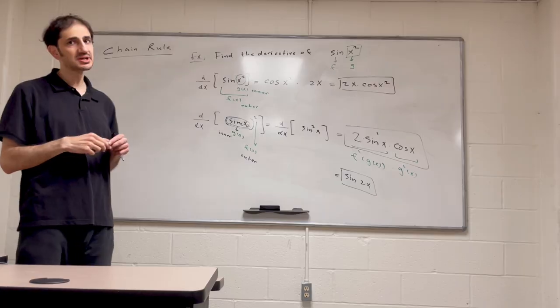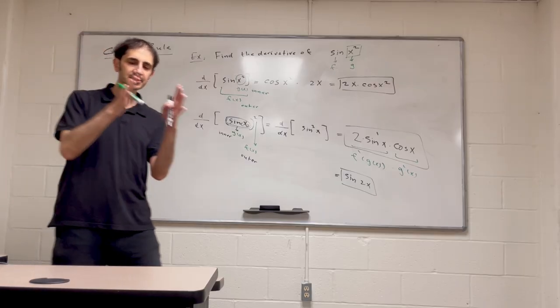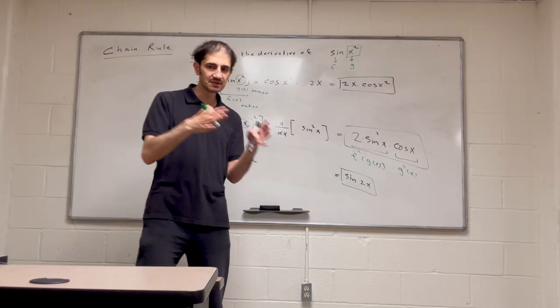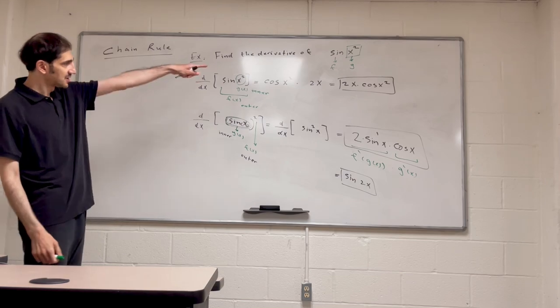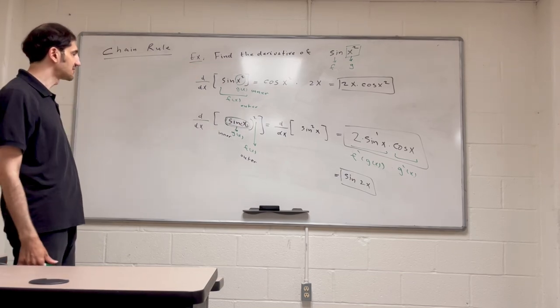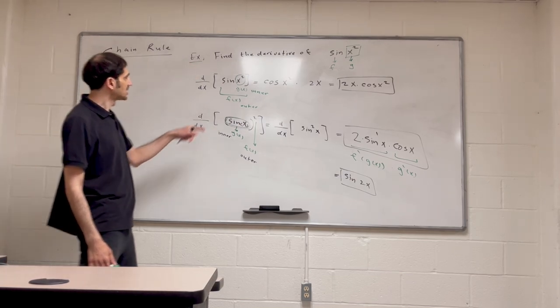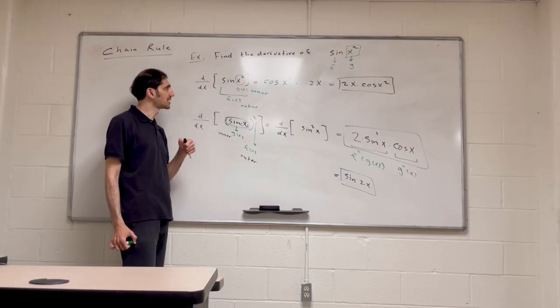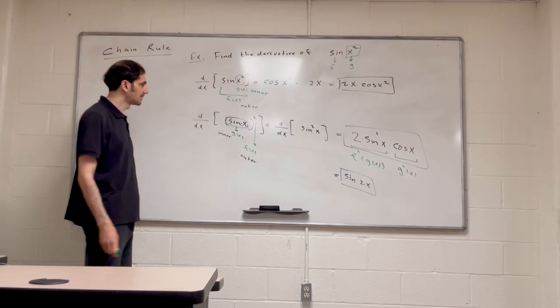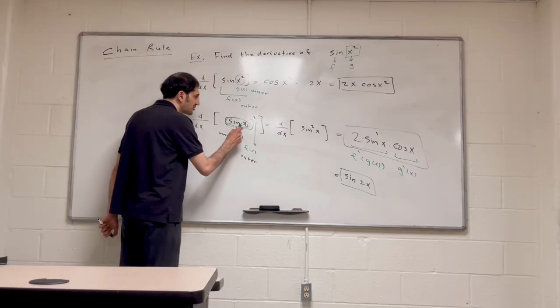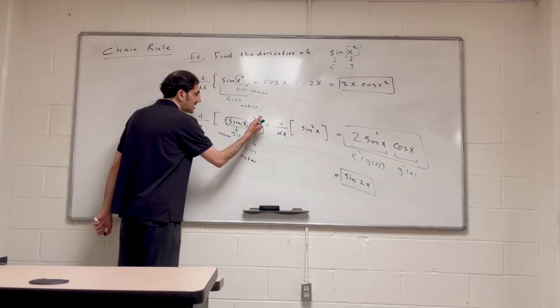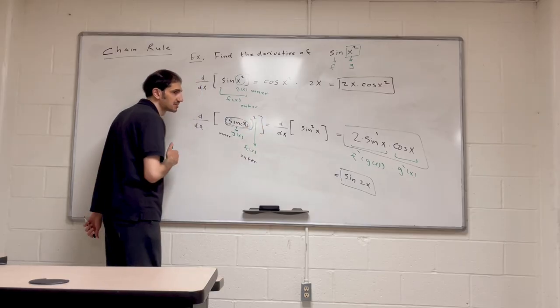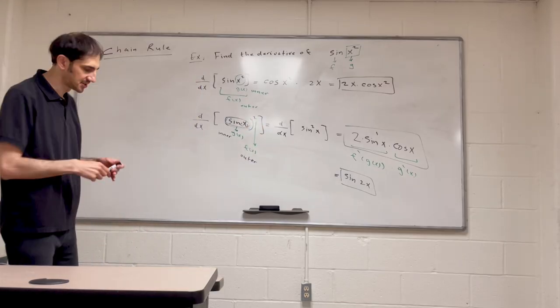Because you know composition is not commutative. If I take f after g, my answer is different from g after f. That's why I got a different answer in the first example than the second example. Here I'm applying the quadratic function first, and after that I apply the sine. But here, take a look, x is just next to the sine. I take the sine of x first, and after that I apply the square. Remember, composition is not commutative.